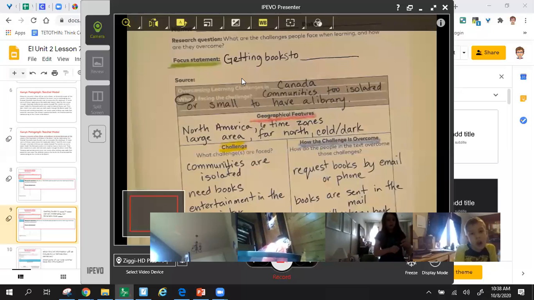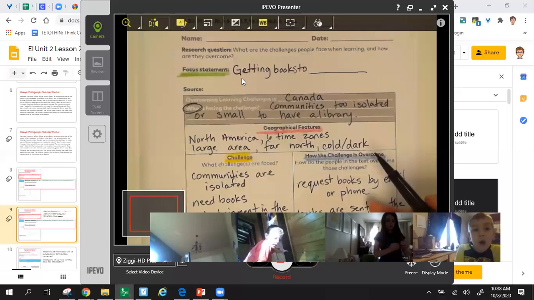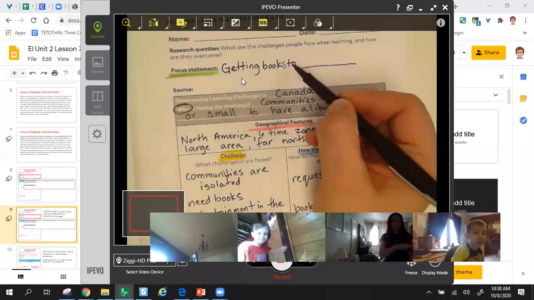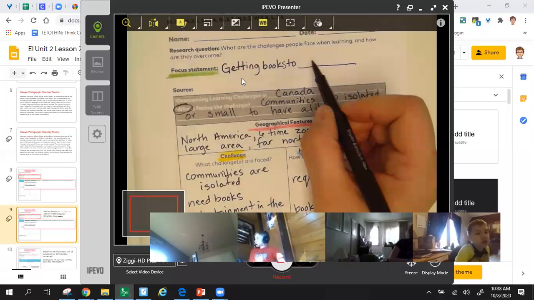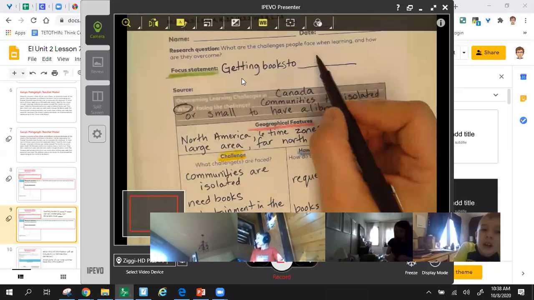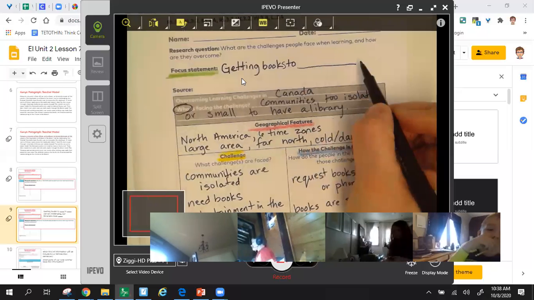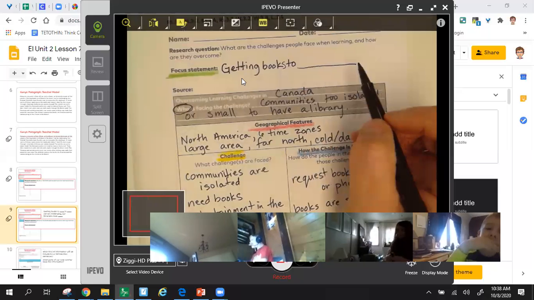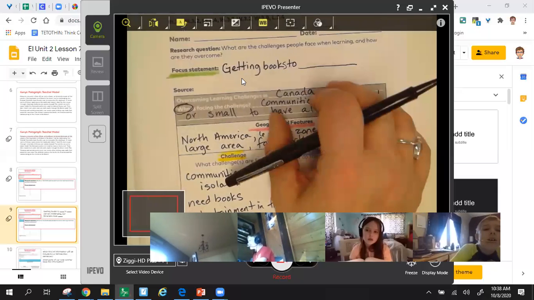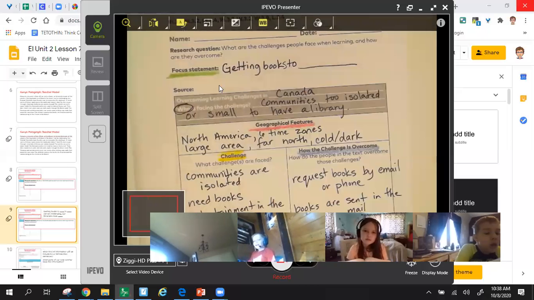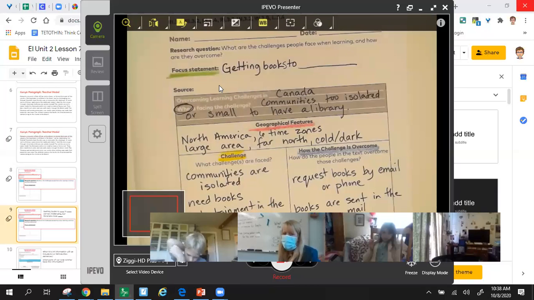Okay, so Robert, you're writing at the top of your paper, getting books to, and then I know you're doing Finland. So Isabella suggested students in Finland. Can you tell us again? Because I think there was more to it. Isabella disappeared on me.